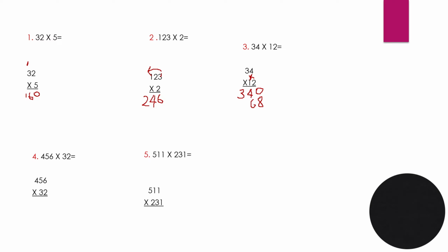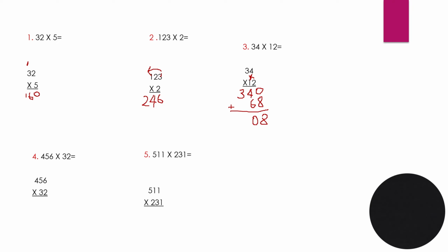So now we reach a stage where we're going to add, right guys? We're going to add what we have so far. So that's 8 plus 0, which is 8. 6 plus 4 is 10.